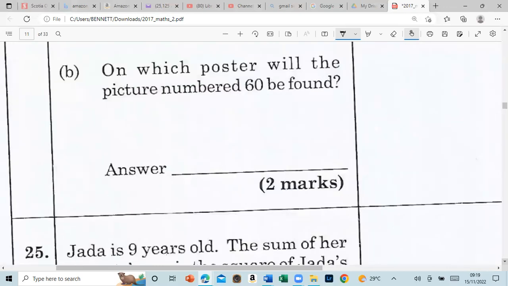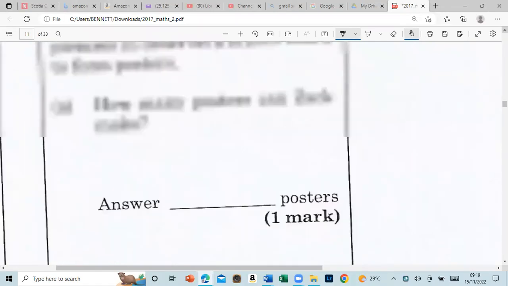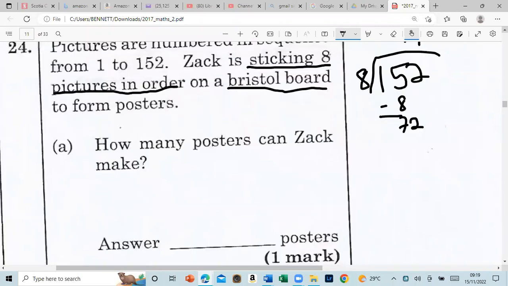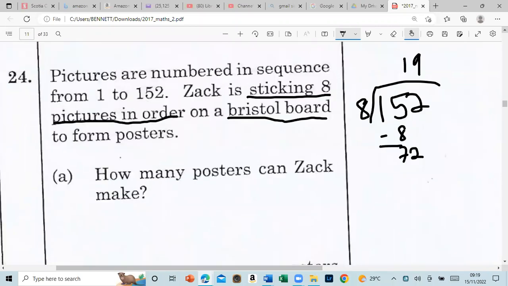Alright, it says, on which board will the picture numbered 60 be? So that's it. Which board?